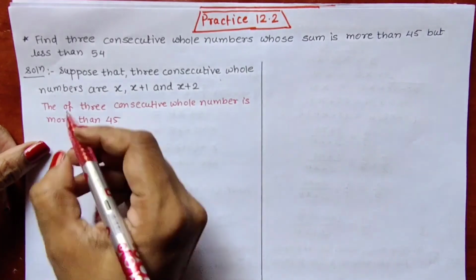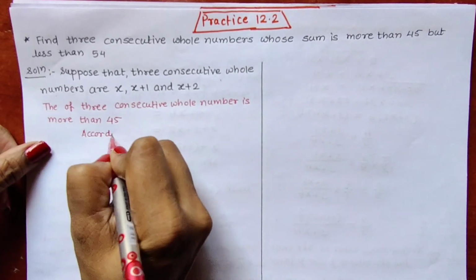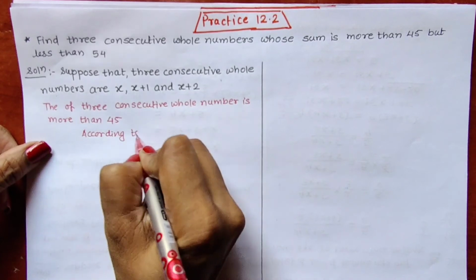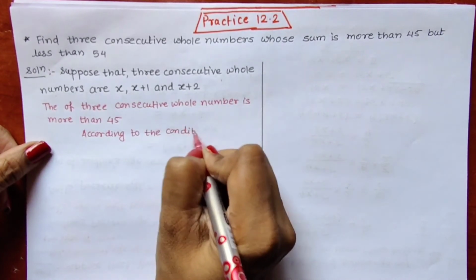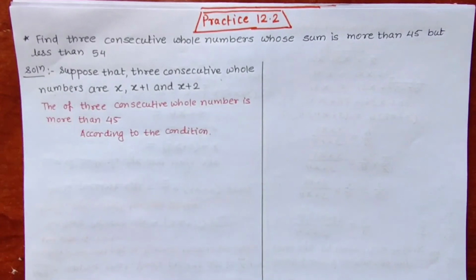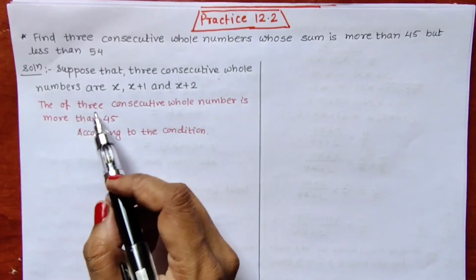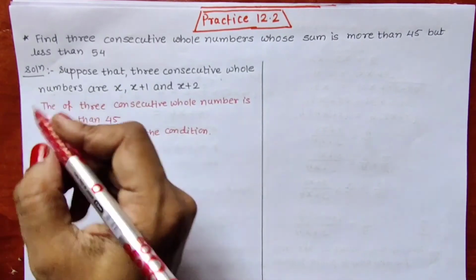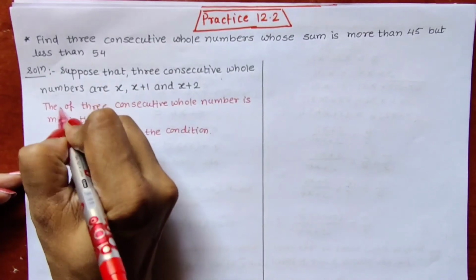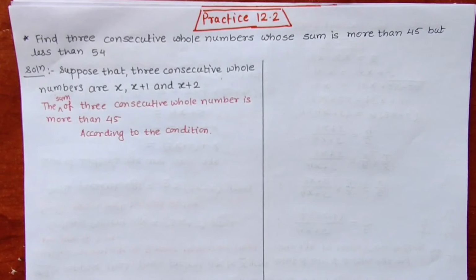Okay. So according to this condition, we will write our equation of sum. So the condition is their sum, the sum of the 3 consecutive whole numbers, is more than 45.